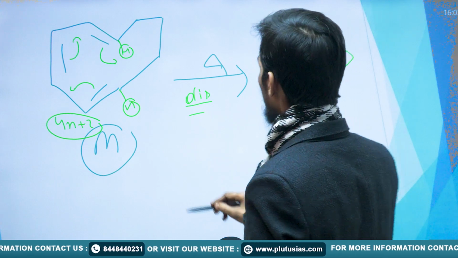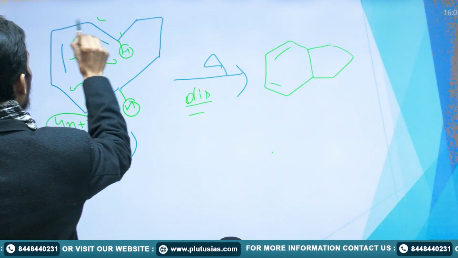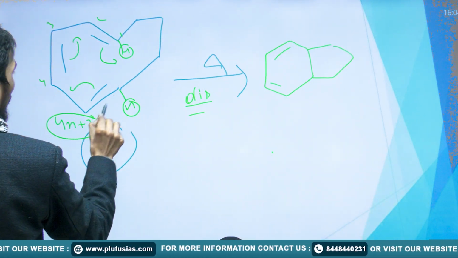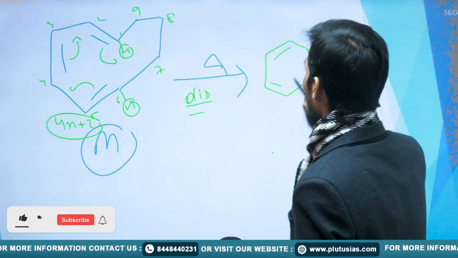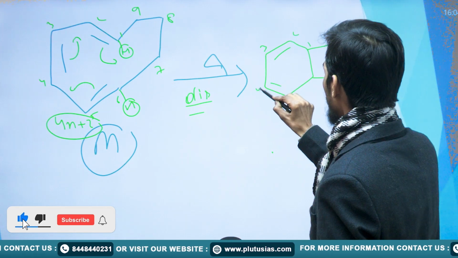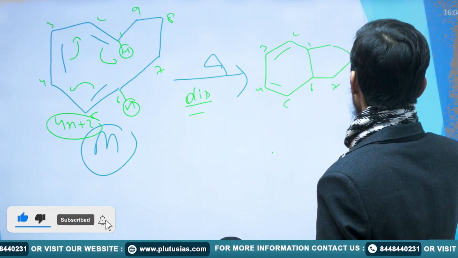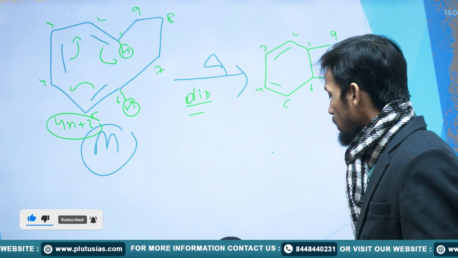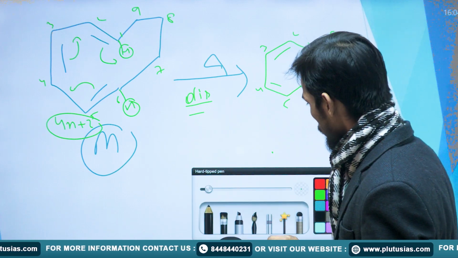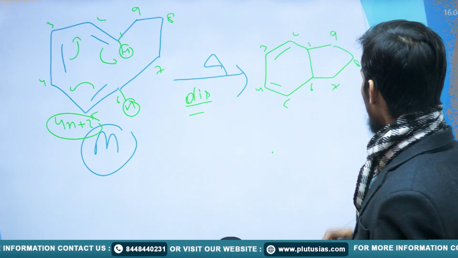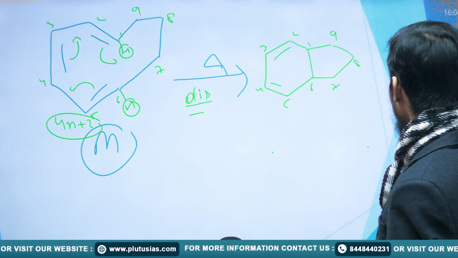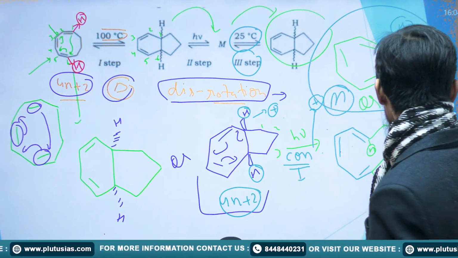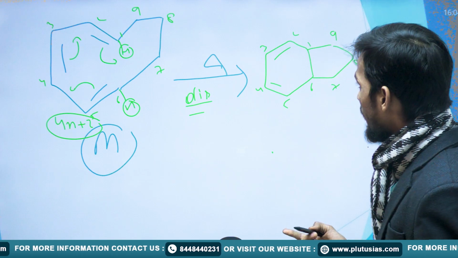Over here, if we number these like 1, 2, 3, 4, 5, 6, 7, 8, 9. Like this, 1, 2, 3, 4, 5, 6, 7, 8, 9. So if we see over here the hydrogens, the main problem arises in the stereochemistry of these hydrogens.